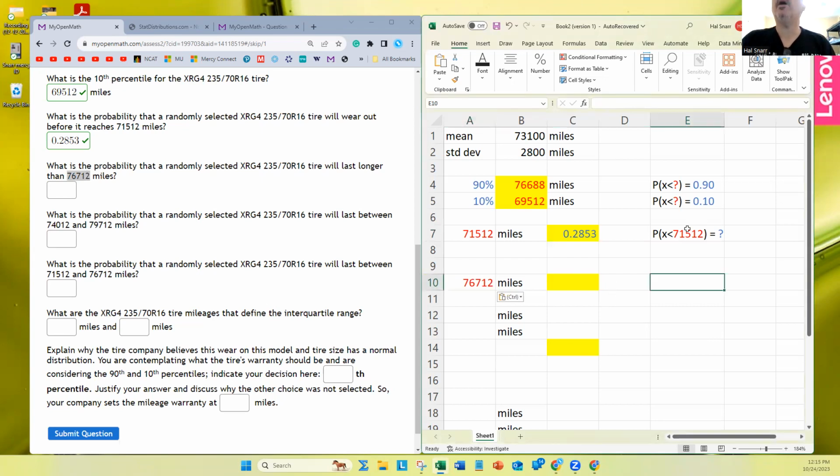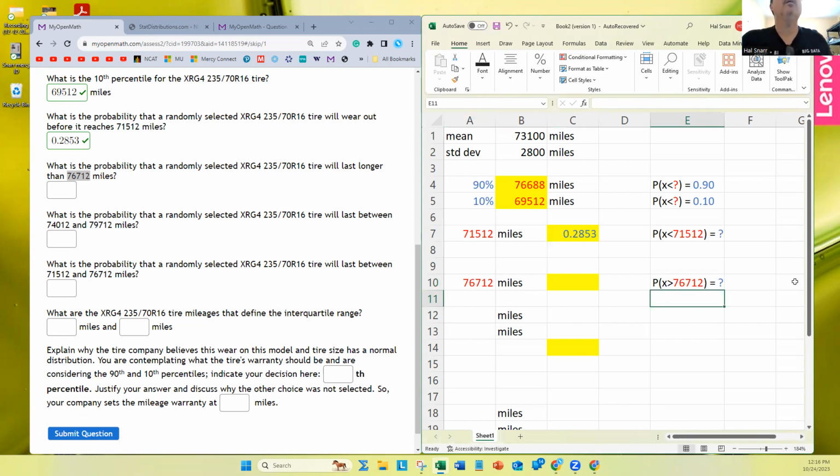Okay. Now I'm going to change the question over here. I need a probability, but I'm going to change this to greater than 76,712.